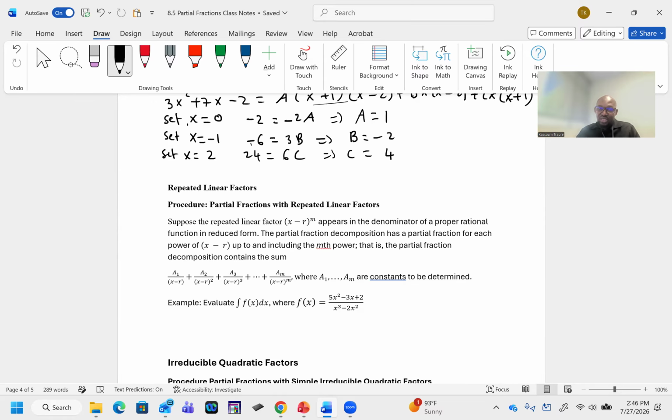The partial fraction decomposition has a partial fraction for each power of x minus r up to and including the m power. That is, the partial fraction decomposition contains the sum. So again, up to and including the mth power.